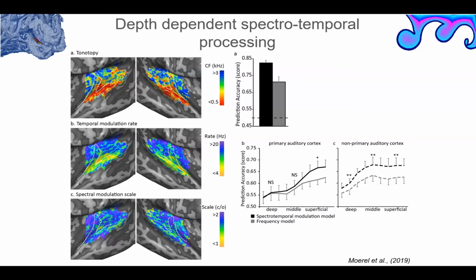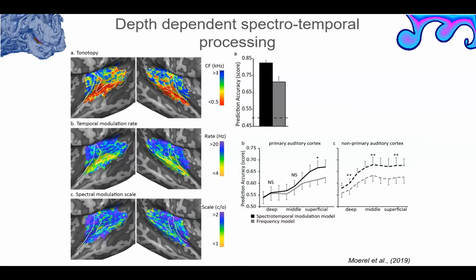This is a paper by Michelle. I really like this paper, and I strongly suggest you read it, where she used competing models across layers with auditory stimulations in primary auditory cortex and non-primary auditory cortex. These models had a lot of parameters to estimate, but what she observed is that the two competing models were the spectral temporal modulation model and a frequency model.